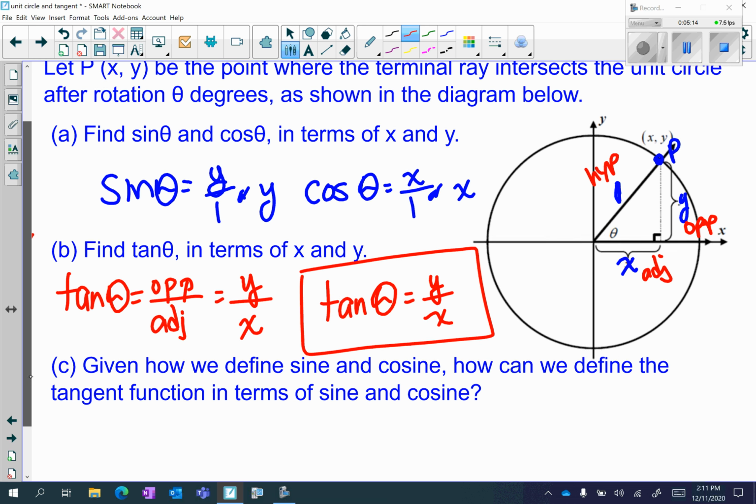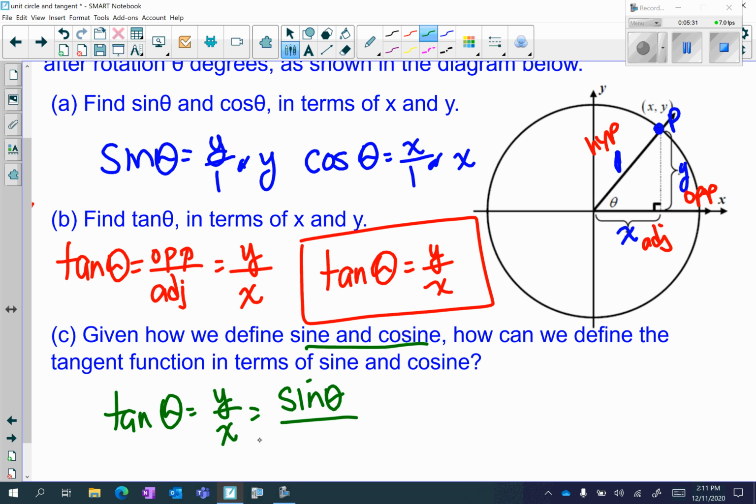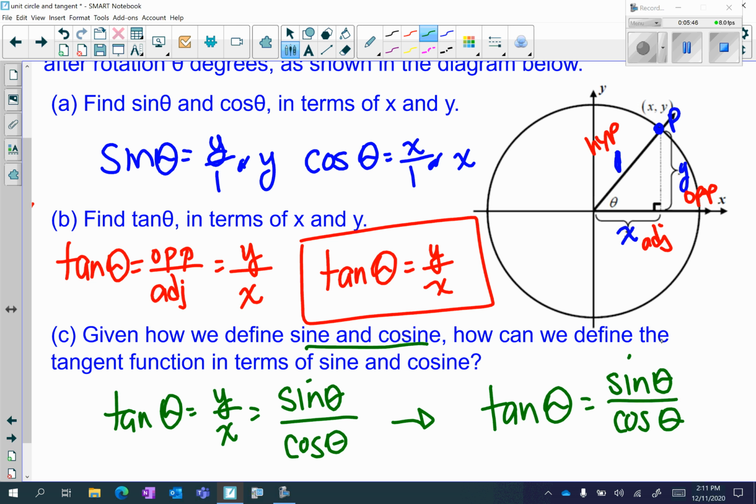But I already know how y and x are defined in terms of sine and cosine. But y is equal to sine theta and x is equal to cosine theta. So therefore, tangent of theta is equal to sine theta over cosine theta. So we have two ways to define tangent.